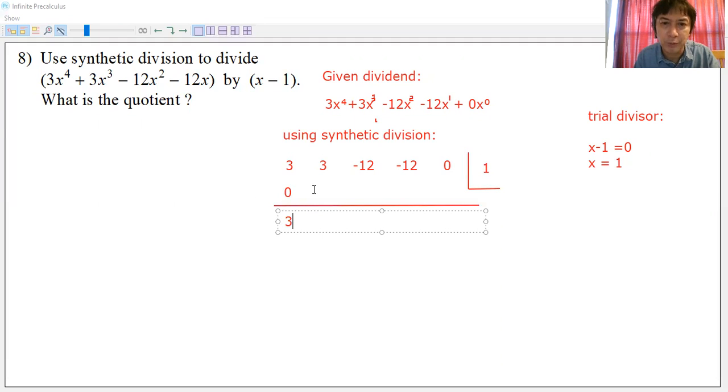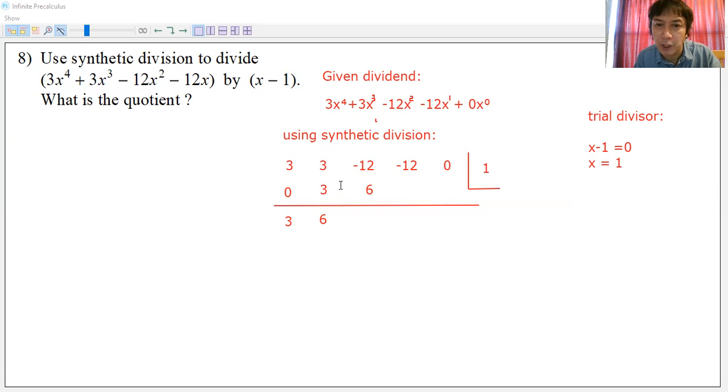It will be written over here. So that's 3. And then our second sum is 6. It will be at the bottom. Next multiplication is 6 times 1. That will be a 6 to be written at the third column below the negative 12. So that's 6 there.